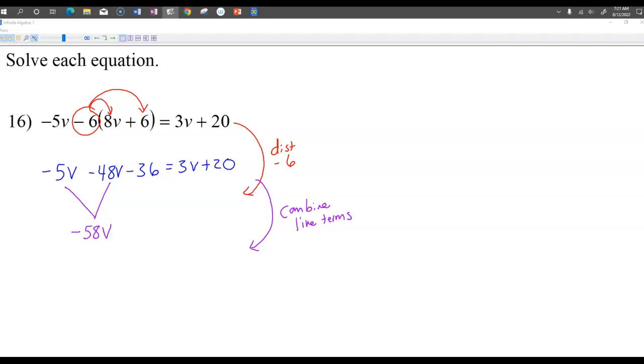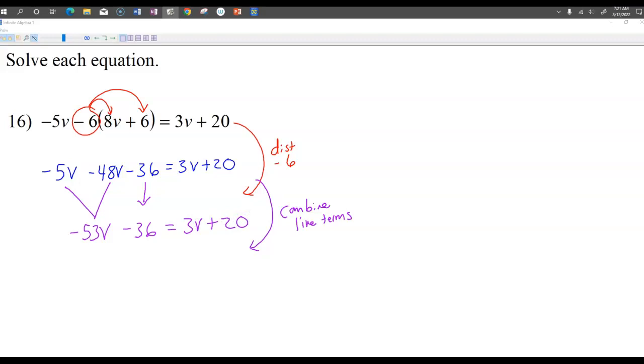Now by combine, we mean add or subtract. Okay, we're adding and subtracting, we're not multiplying. So negative 5v minus 48v is, sorry, it's negative 53v. It's not 58. Negative 53v. Everything else just comes down the way it is. So the negative 36 stays, the 3v stays, and the 20 stays.